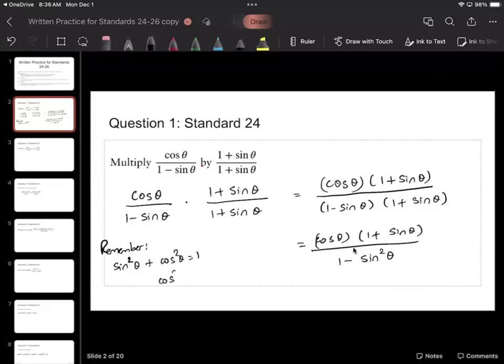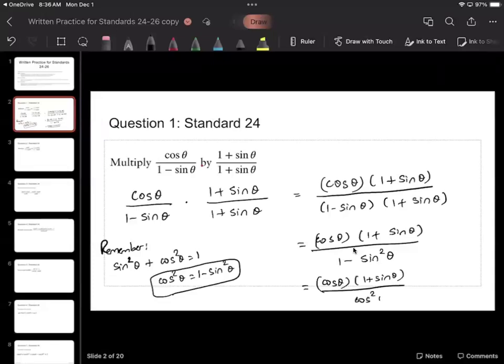Which means cosine squared theta is 1 minus sine squared theta, right? So if you subtract sine squared theta from both sides, this is what you will get. Which means this can be rewritten like so. Your denominator can be replaced with cosine squared theta.